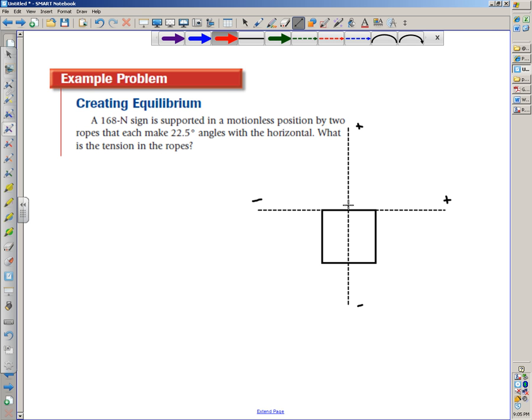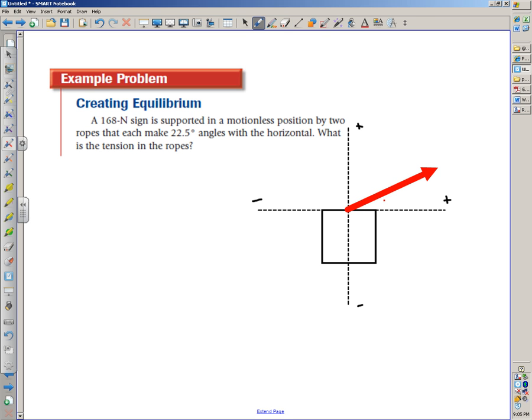So there's a rope here, and this angle is 22.5, and then there is a rope here, and this angle is 22.5. So we got those 2.